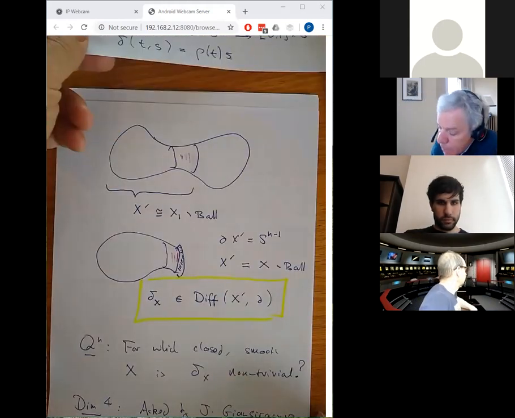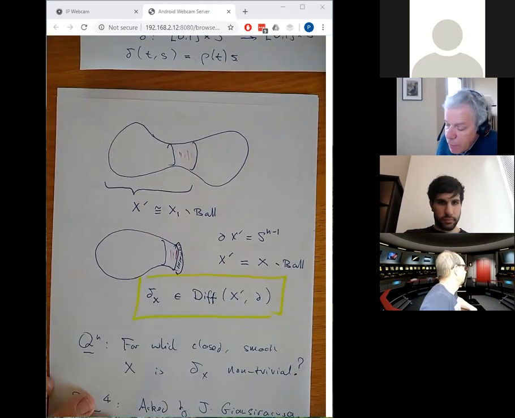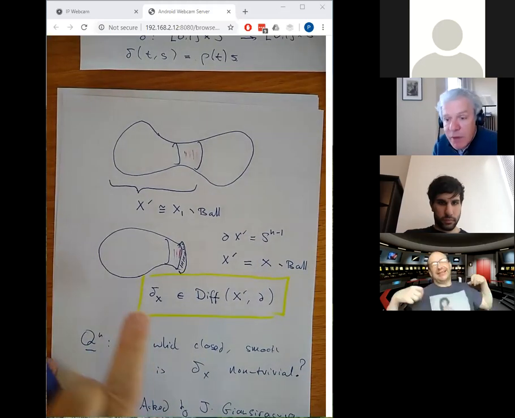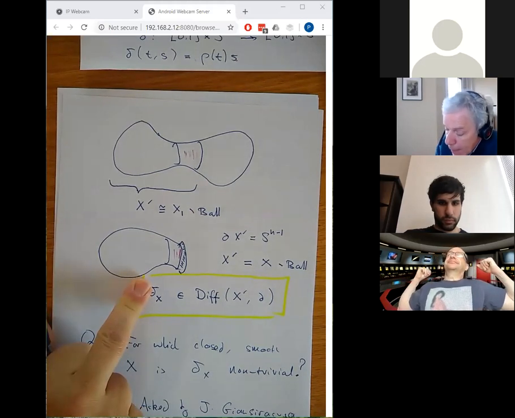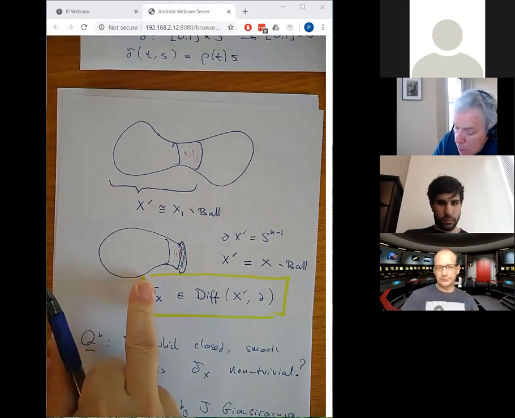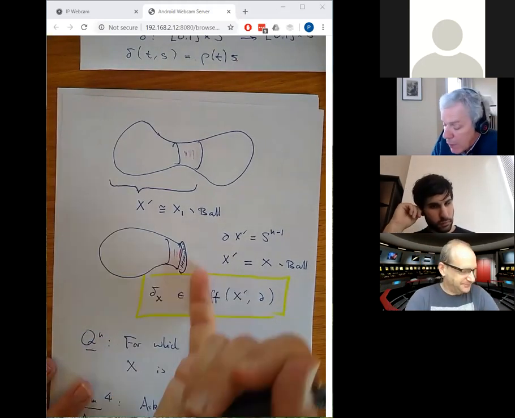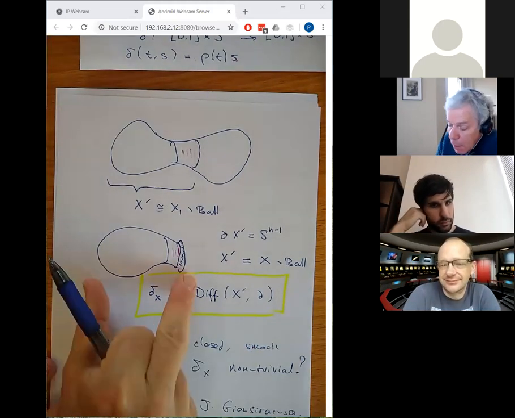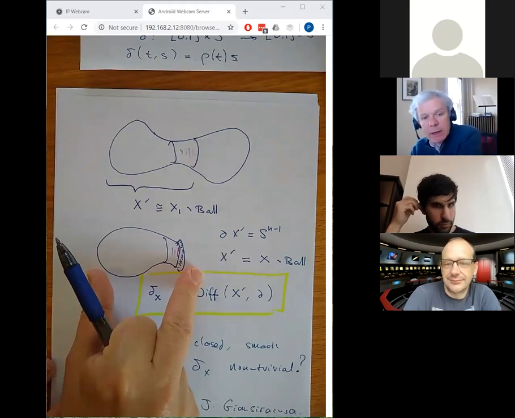So the strategy to prove that connected sum non-triviality theorem is to write down a proof using Seiberg-Witten theory that this self-diffeomorphism is non-trivial. A slightly different argument than Baraglia and Konno's, but wielding the same tools, and set it up in such a way that from the non-triviality here, we can deduce the non-triviality here.